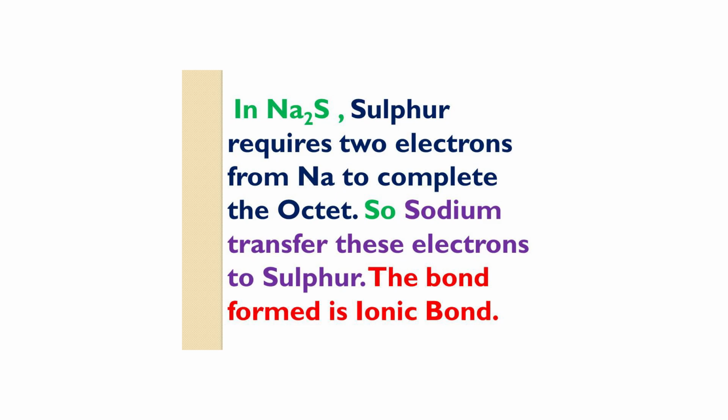So, sulfur requires 2 more electrons to complete its octet. So, sodium transfers 1 electron from each sodium atom to sulfur to complete its octet. That is, sulfur becomes S2- and sodium becomes Na+.